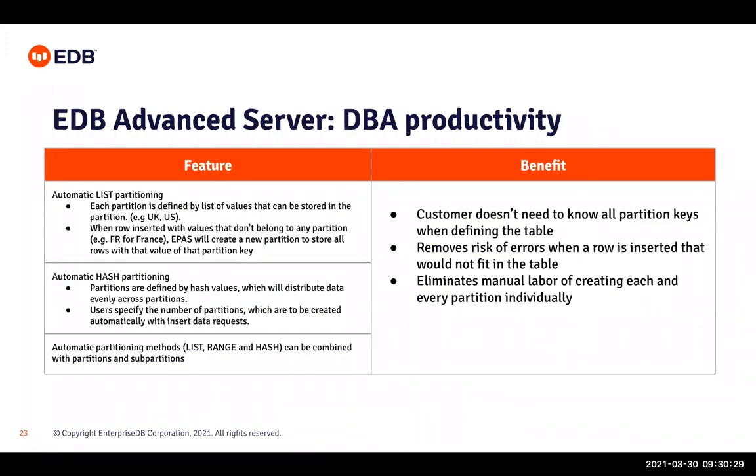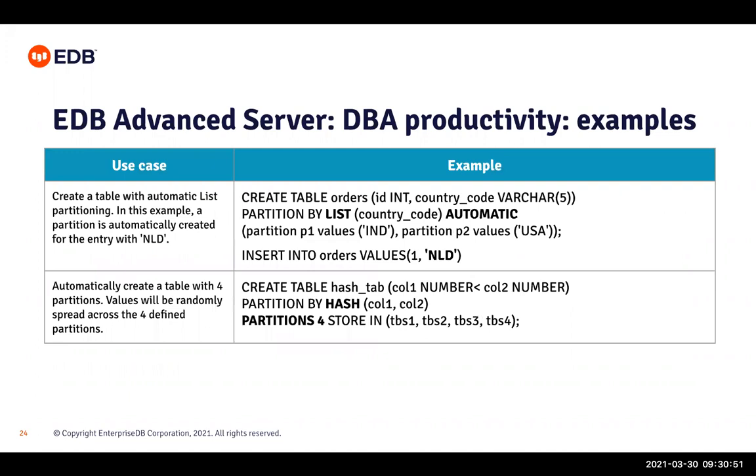So for DBA productivity, the automatic list partitioning and hash partitioning, I actually have a better slide later as well. You're now able to automatically create new partitions. So actually go to this one instead.